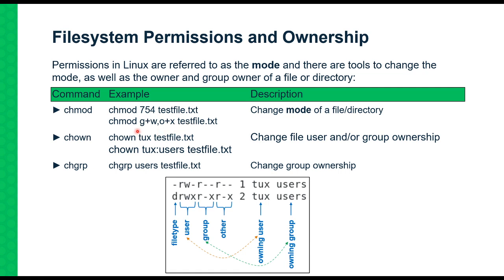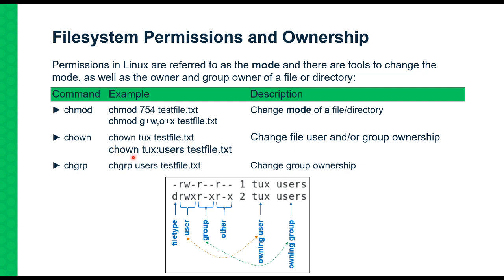Then we can change the ownership of a file or a directory with the change ownership command, chown. If we only want to change the owning user, we'll only put in the user that we'd like to change it to. In this case, we only have one user, so we use the tux user with test file.